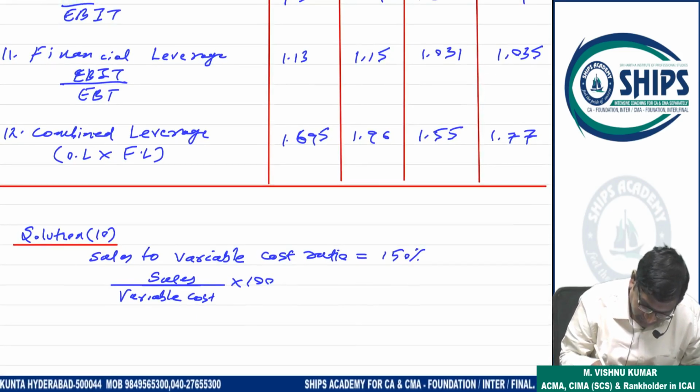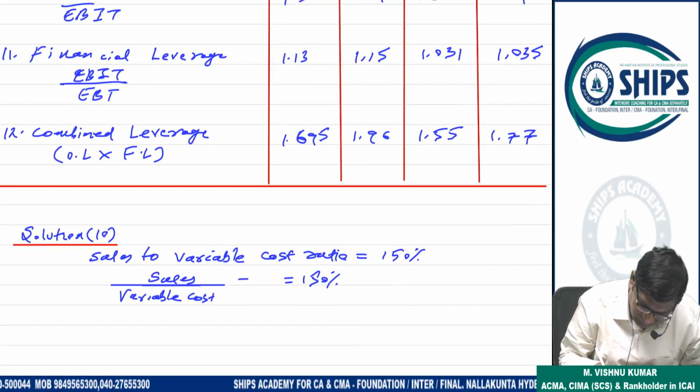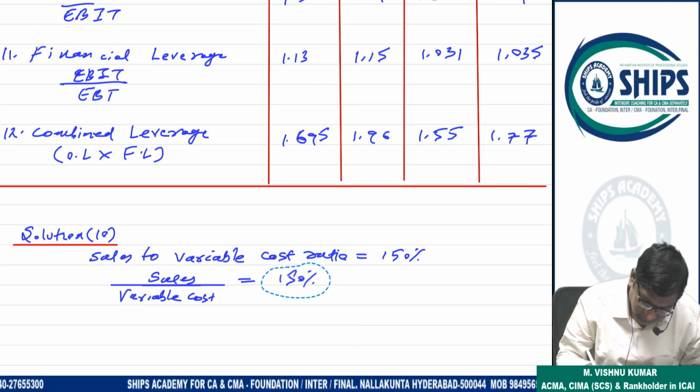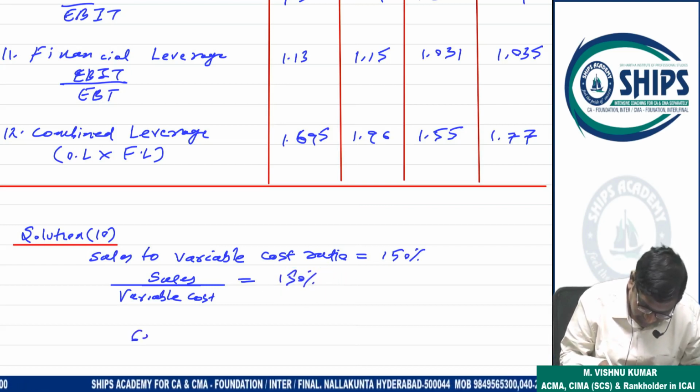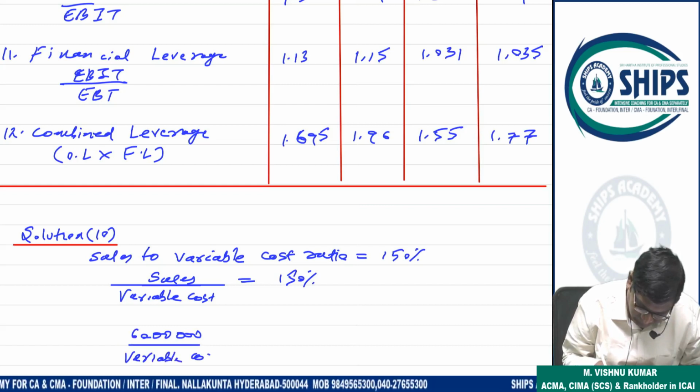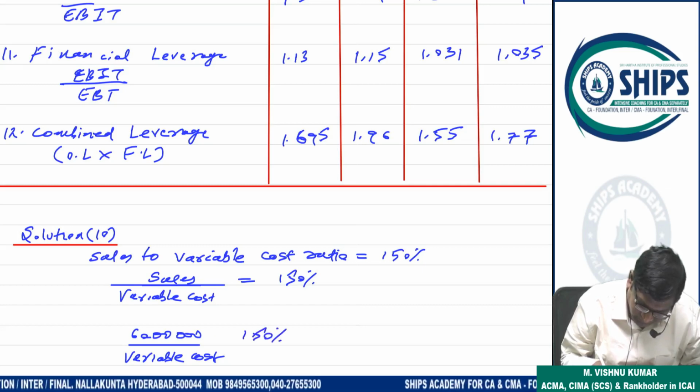So here sales is given 60 lakhs. Variable cost मालूम नहीं है. So this is 150%.